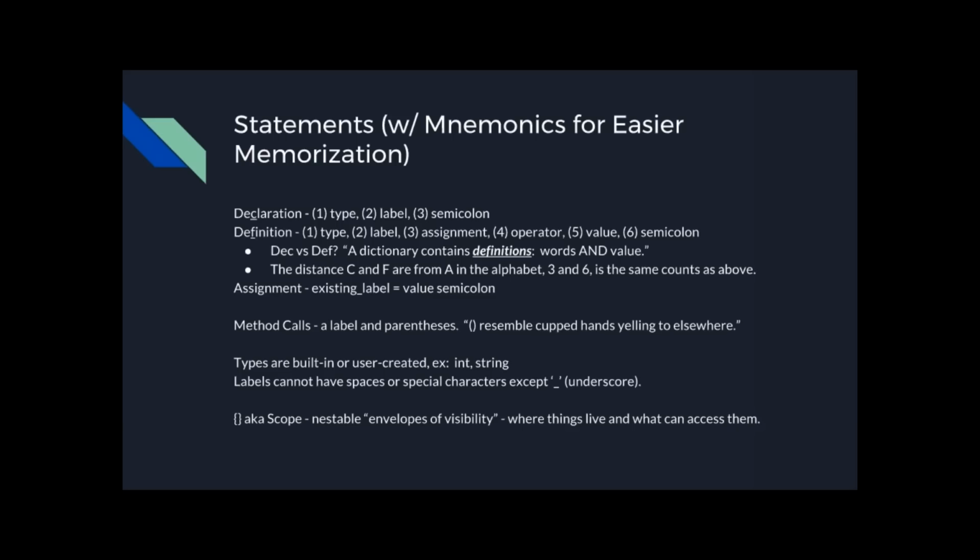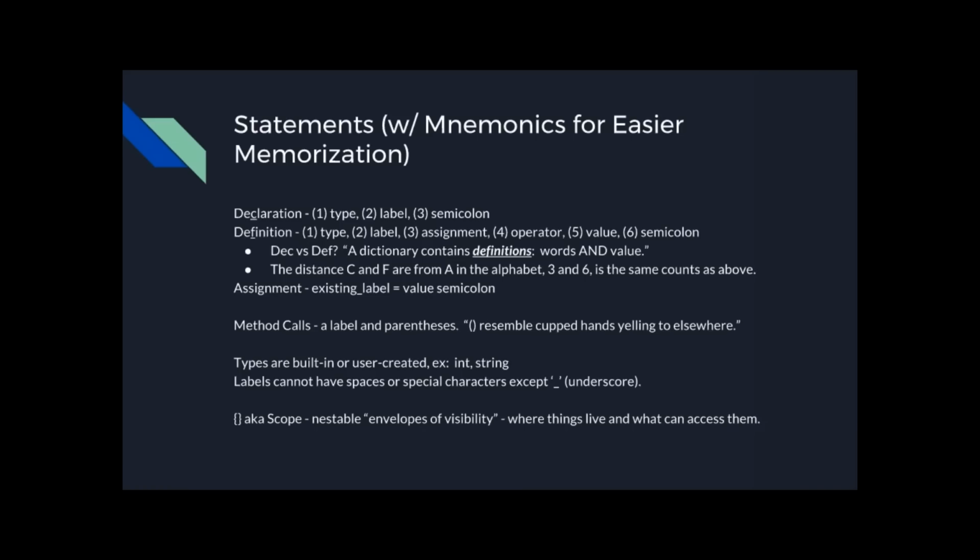The first one uses counting. So we have the type, we have the label, and we have the semicolon. That's just three little things. The next one, we have the type, we have the label, we have the assignment operator, count those as two, we have the value that we want to fill it in with, and then we have that semicolon again.